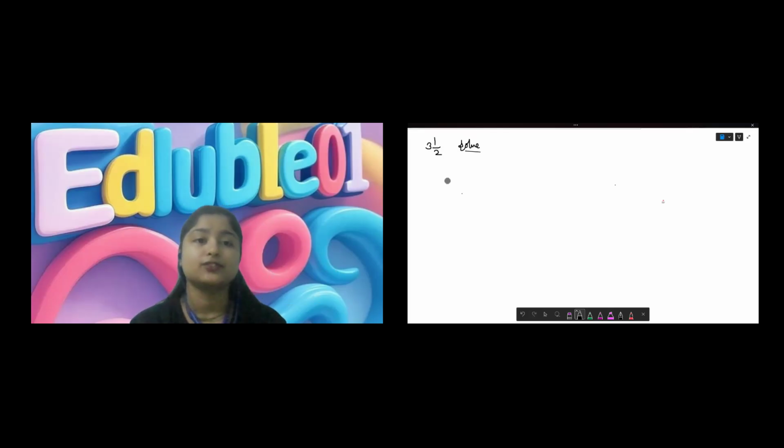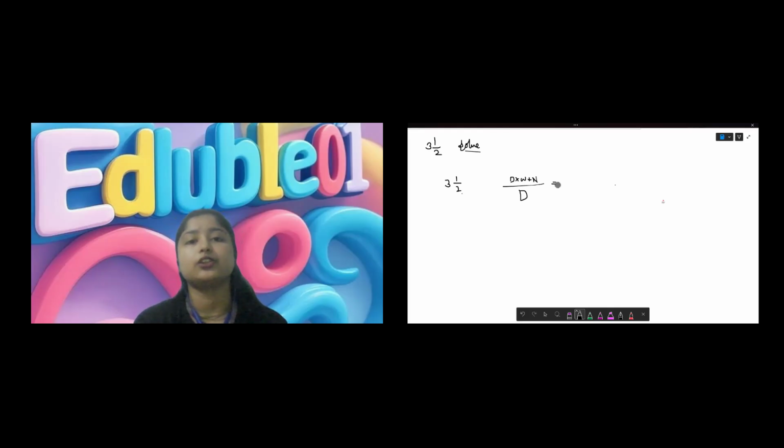Let's just start. So over here we have 3 1 over 2. What we can do is, first of all, the denominator is multiplied with the whole number and adds the numerator, divided by the denominator. This is the basic rule of solving the mixed fraction.